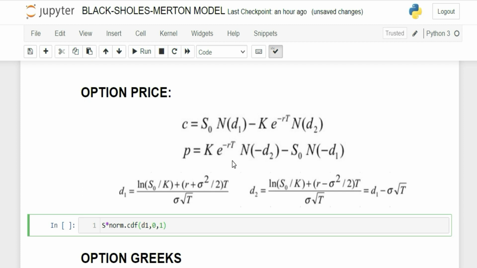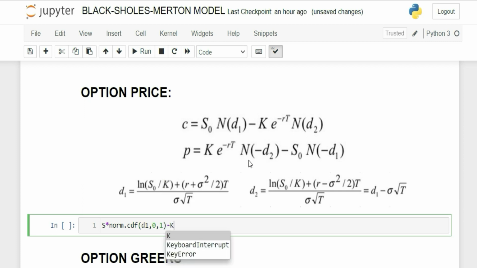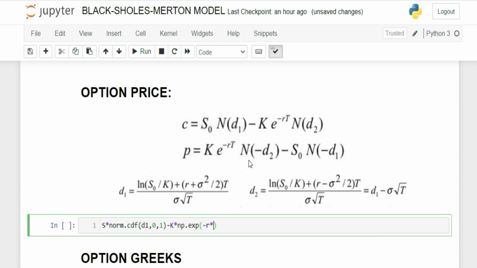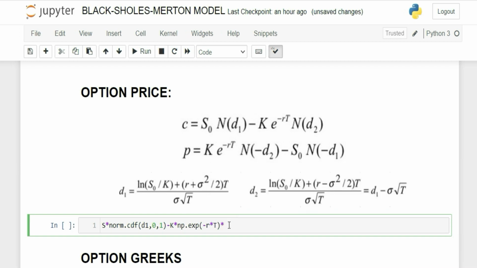So this is that minus K e to the power minus RT, which is exponential. So np.exp of minus R into T. So that will give me this part, and that multiplied with ND2.